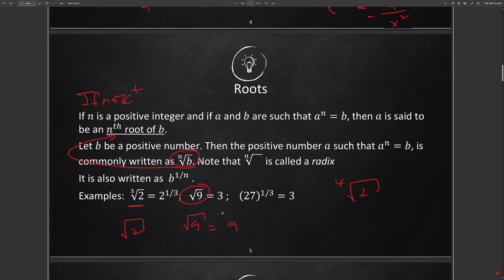Do I have to take a 9 and put it to the power of 1 upon 1 or maybe 3 or something like that, right? But no, it's just regular square root 9 here. If you look as well, this is 9 to the power of a half, which is 3. 27 here now to the power of a third is 3.